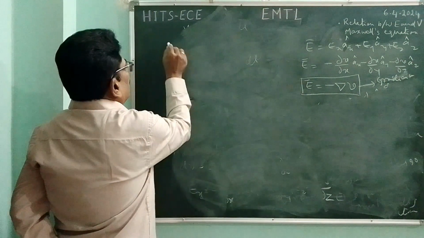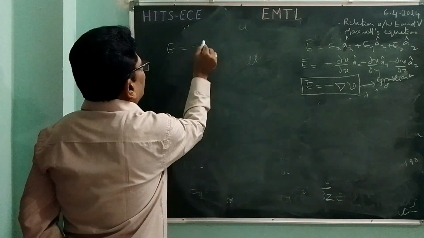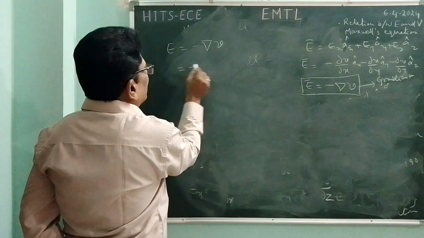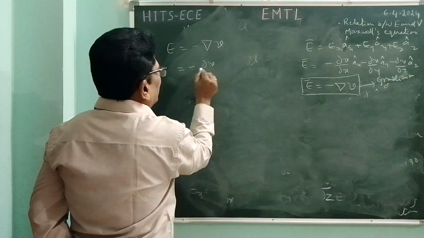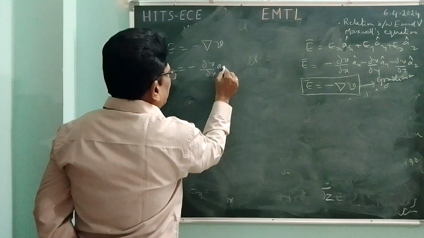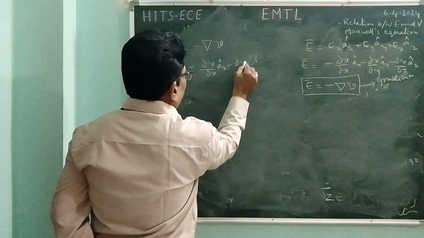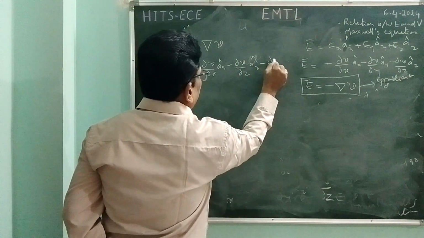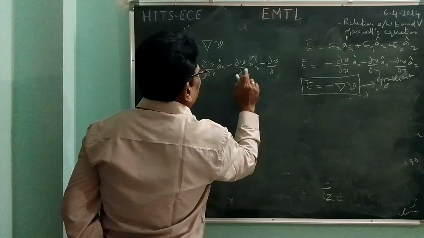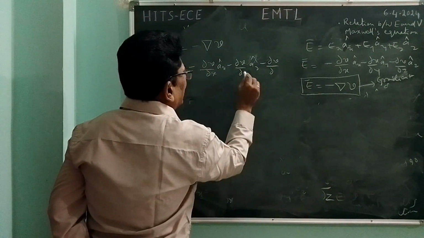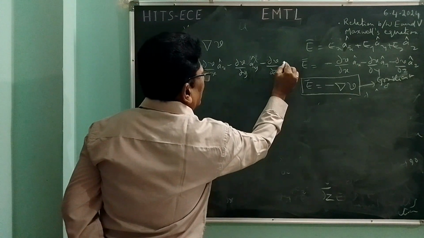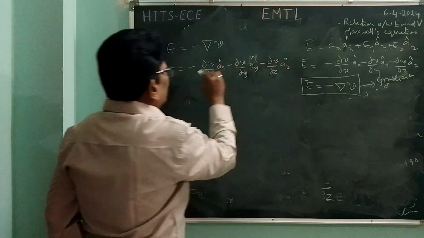So E is equal to, again for the rectangular coordinate system, this is equal to minus del V by del x Ax cap minus del V by del y into Ay cap minus del V by del z into Az cap.